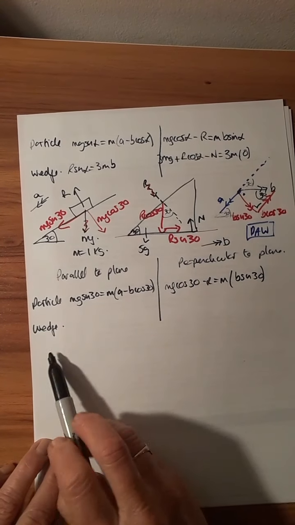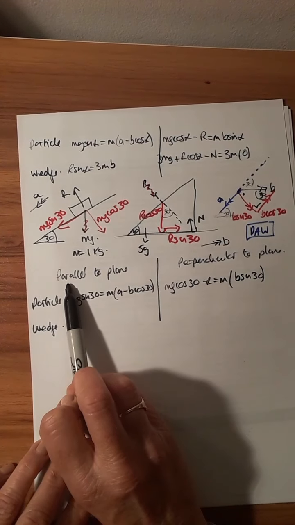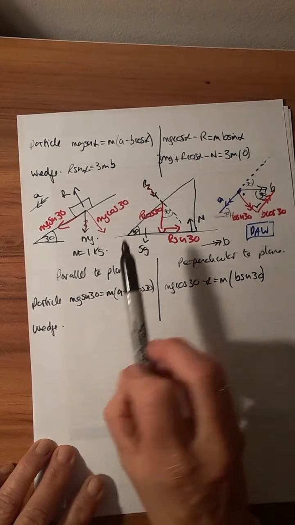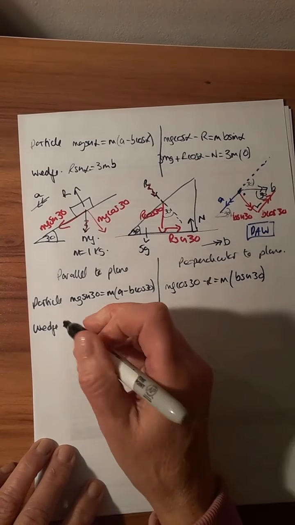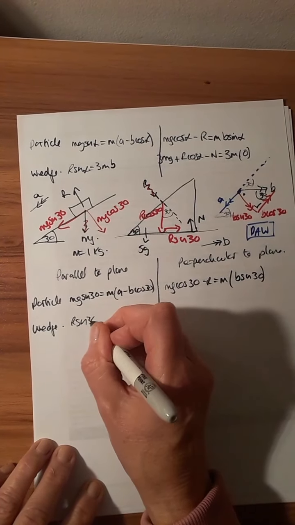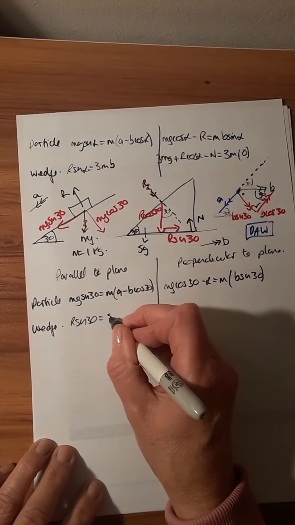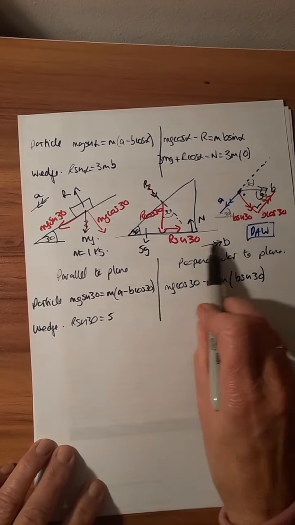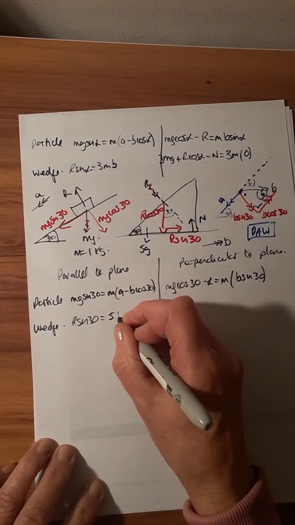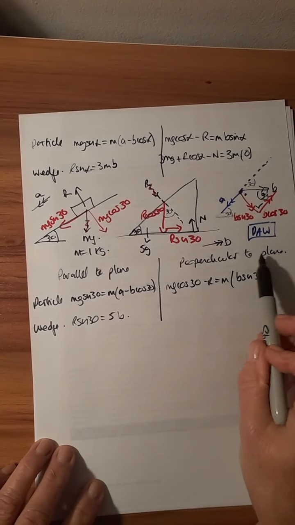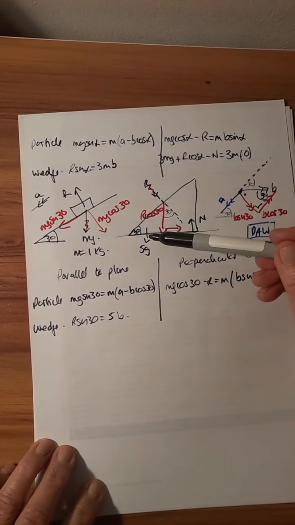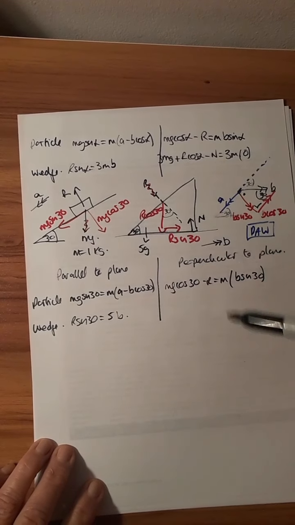Then I look at the wedge. The forces parallel to the plane, there's only one, it's r sine 30, equals ma. The m is 5. The acceleration parallel to the plane is just b. Now I look at the perpendicular to the plane for the wedge. I've got 3 forces, 2 acting down, 1 acting up.